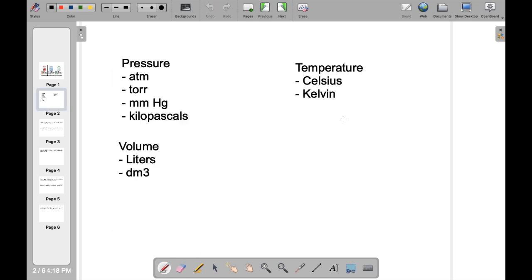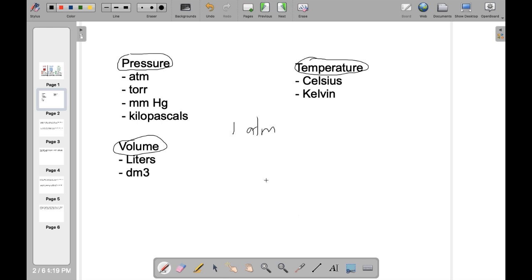When we look at gas, we look at three basic things: pressure, temperature, and volume. There are different units for these three different things. For pressure, there are a lot of different methods of measuring it. One of the most common is called the atmosphere. Standard pressure is 1 atmosphere. 1 atmosphere is the pressure that you would feel on you at sea level on Earth.